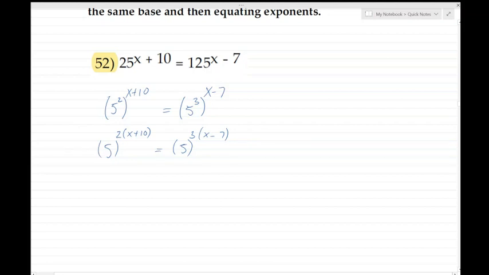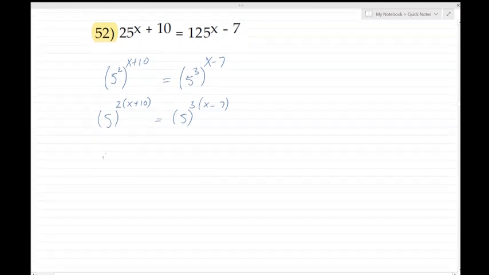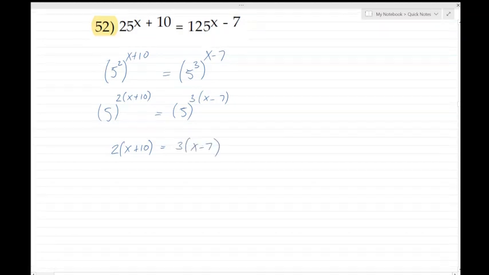So now that we have the base by itself, and notice that it is the same, so there are 5s and nothing else inside of that parentheses, we can safely just discard them. Now, there are reasons why we do that, but you get rid of the bases and set the exponents equal to each other, and then just solve, right? So 2x plus 20 equals 3x minus 21.